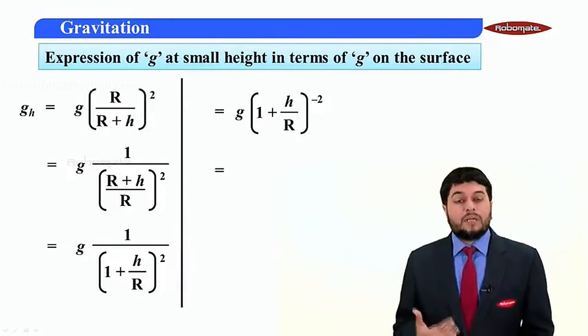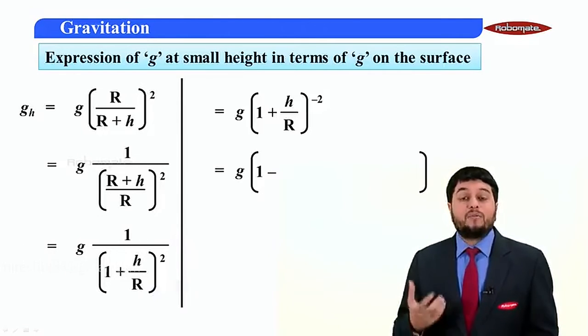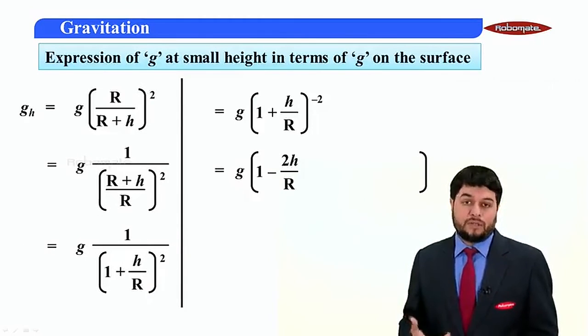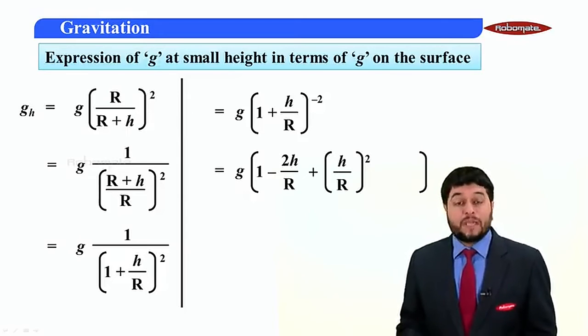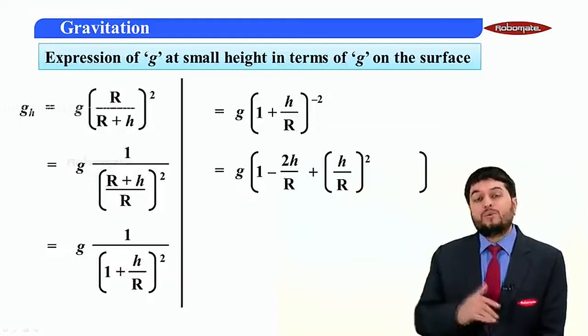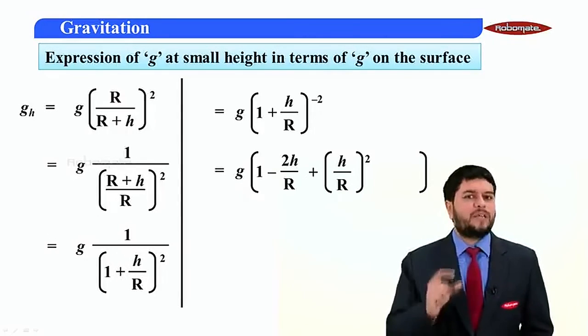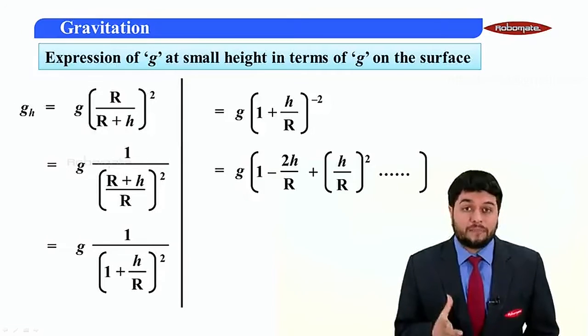Right? So if I consider the expansion of that bracket, I get 1 minus 2h by R plus (h by R) the whole square, then minus (h by R) the whole cube, and so on. Now, as I said, the height is very small, means h is very small and capital R is very large.